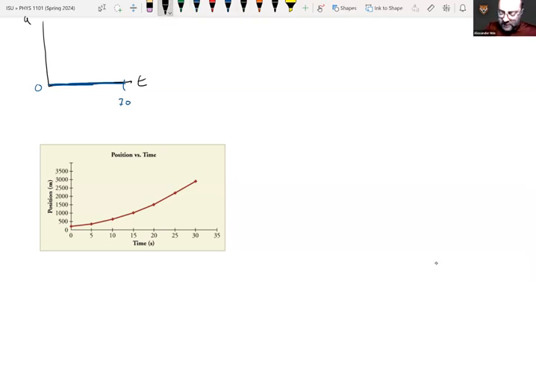So basically, we could say something like this. We were asked to describe it. We could say starting at a position of 300, the object moves to the right.